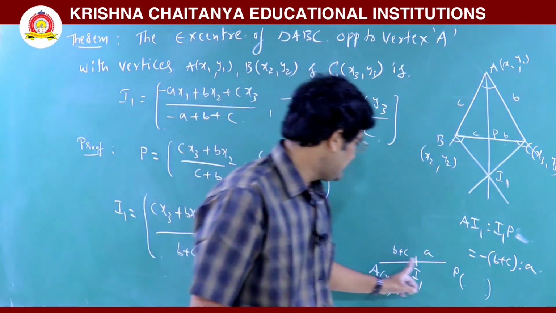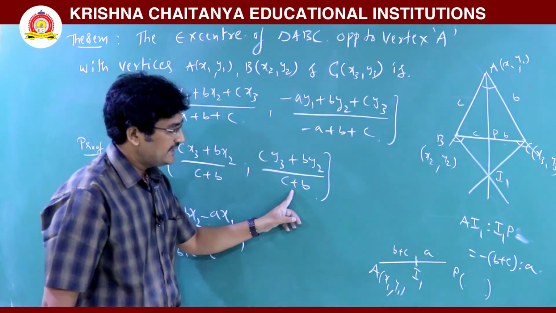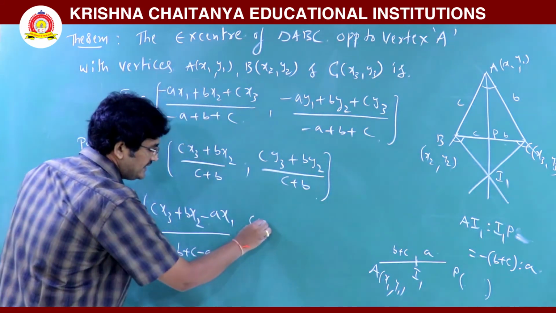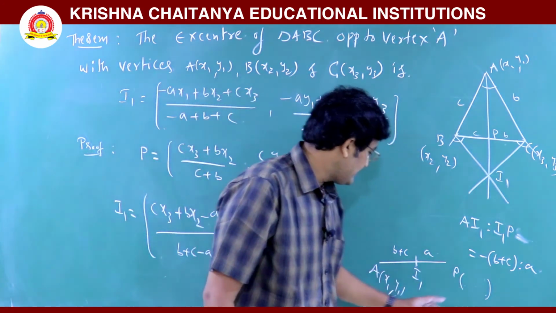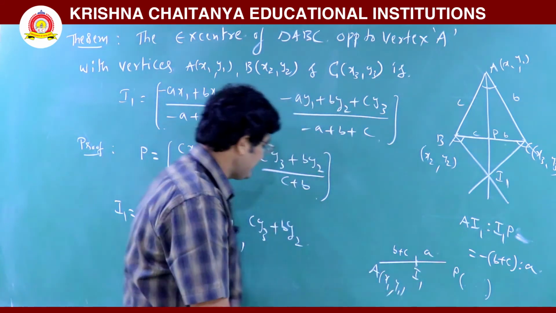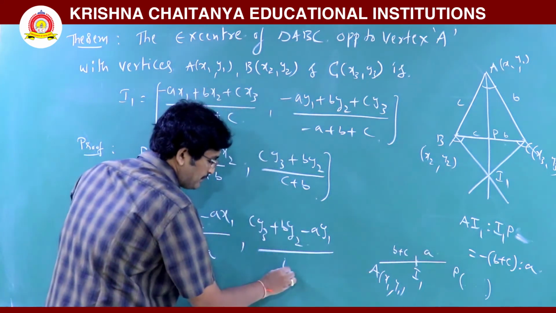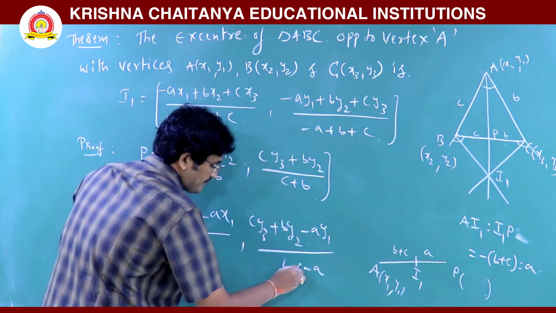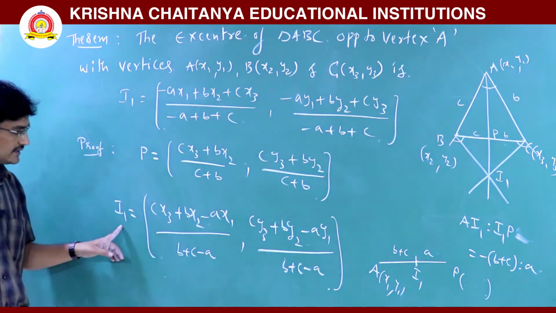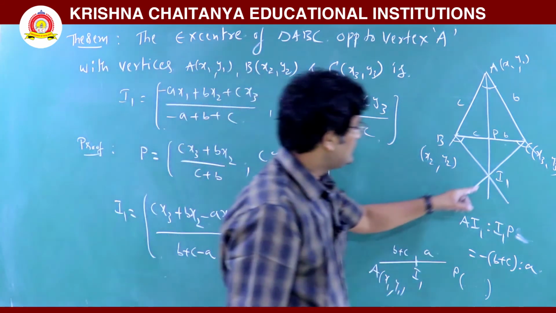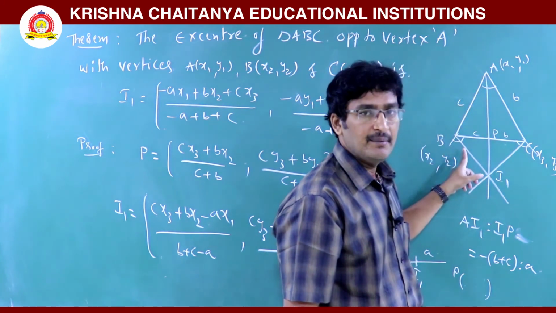Next one. Here m into y2: B plus C into the ordinate of P, this one, B plus C getting cancelled. Then what is the ordinate here? cy3 plus by2, m y2 minus n y1, minus n y1 means minus a y1, by m minus n, which is B plus C minus A. These are the coordinates of I1, that means the coordinates of the excenter opposite to A in triangle ABC.